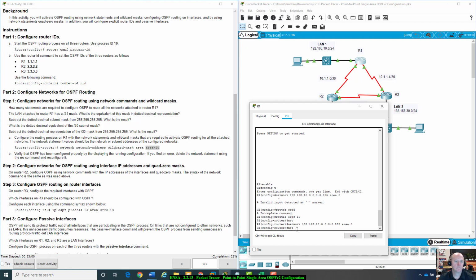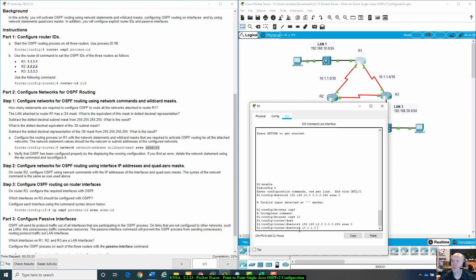Yep, we probably should have done it right there: OSPF process ID, enter the router ID, and then enter all the networks that are connected to that device. So our next network, I just go in order, 10.1.1.0. A /30 is 255.255.255.252.